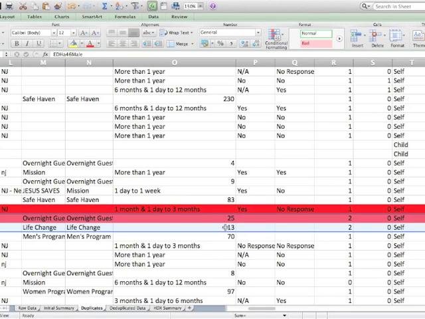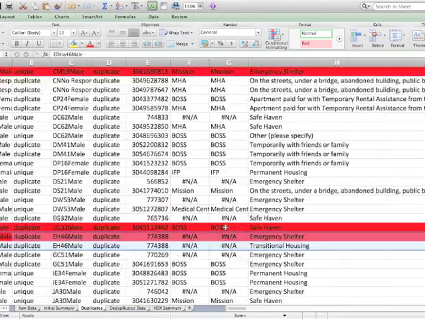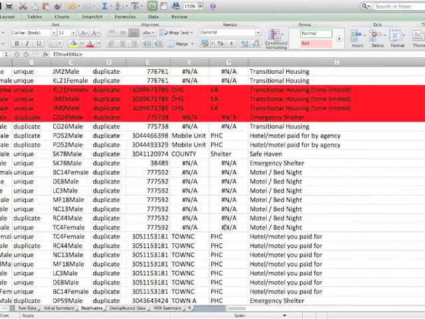The last option for deduplication, and really I think the most common, was SurveyMonkey to HIMIS. Again, I have another example.